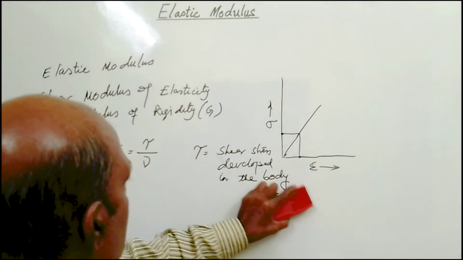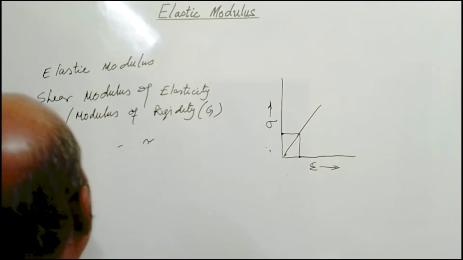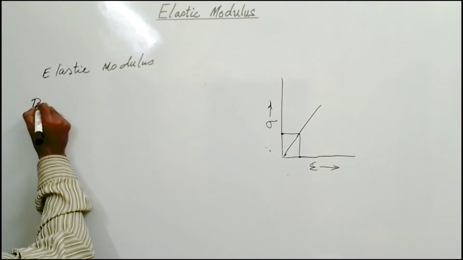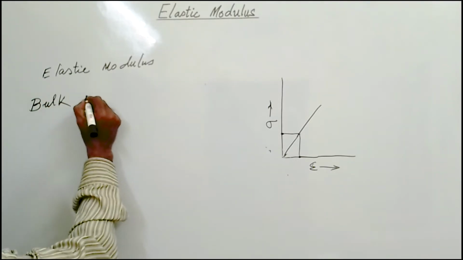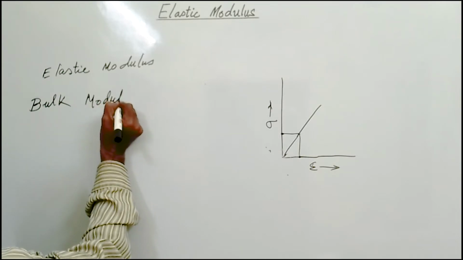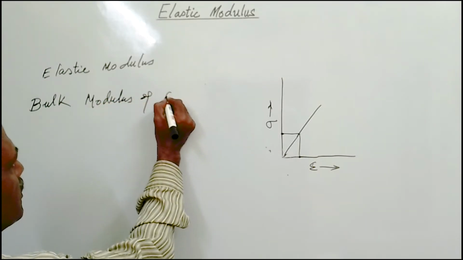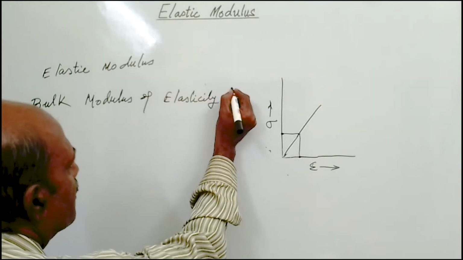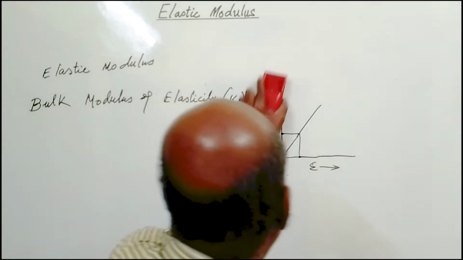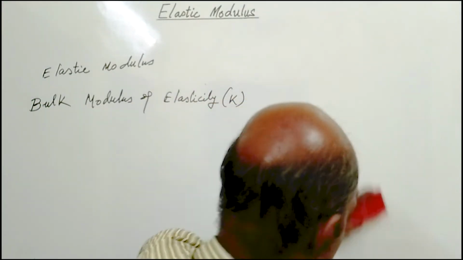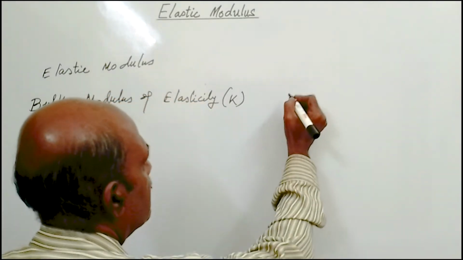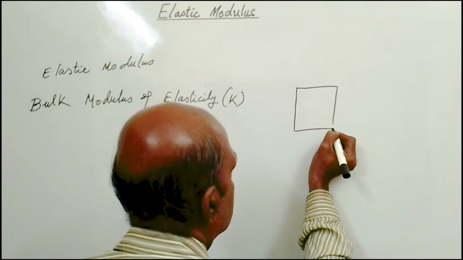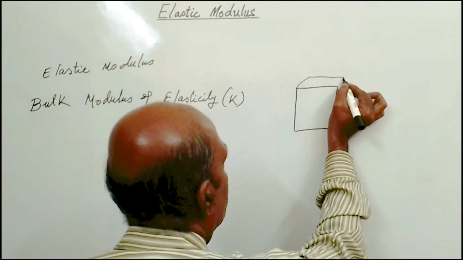Now the next modulus, that is bulk modulus of elasticity, and it is denoted by K. Say a rectangular body, this is a three-dimensional body.